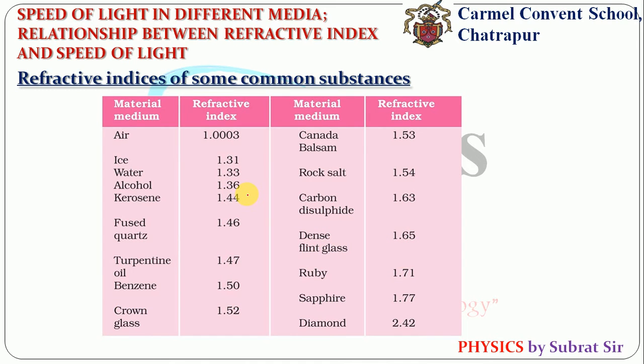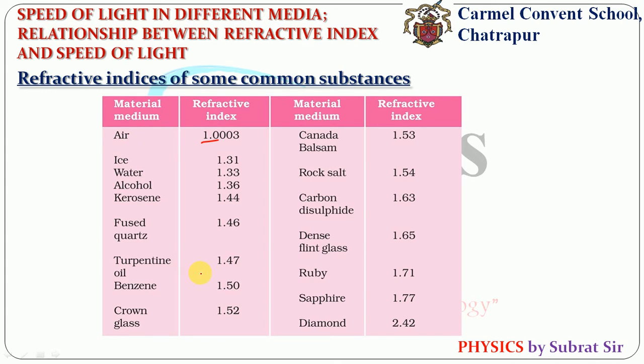So air is given 1.0003. This is an approximation; we take 1 for that. And ice, water, alcohol, kerosene, fused quartz, turpentine oil, benzene, crown glass, and also Canada balsam, rock salt, carbon disulfide, dense flint glass, then ruby, then sapphire, then diamond.